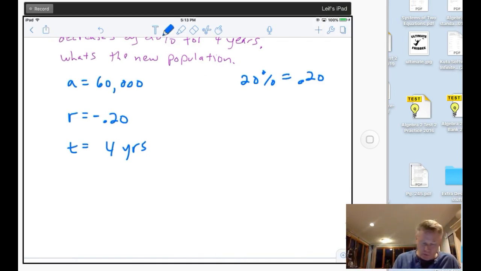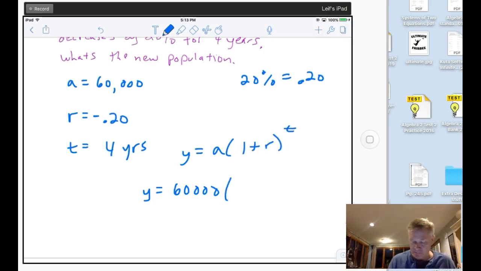Which means y equals the initial amount. It's the same equation, A times 1 plus r to the t. So 1 plus negative 0.20 to the t, which is 4 years. All right, so there it is, which makes sense, right?